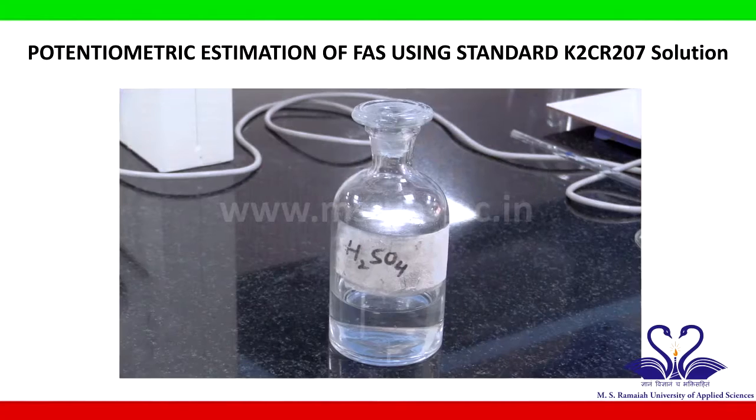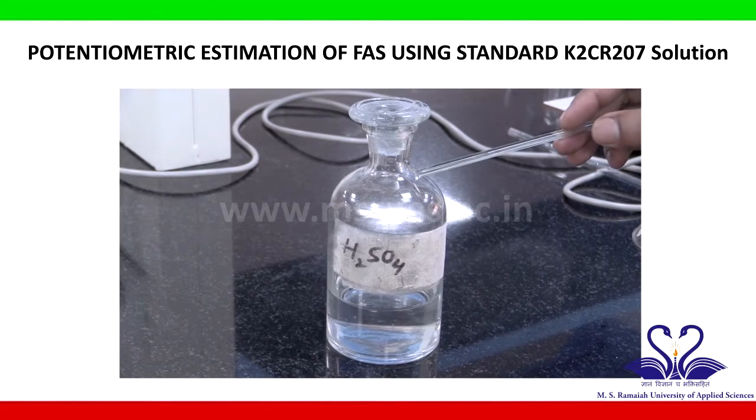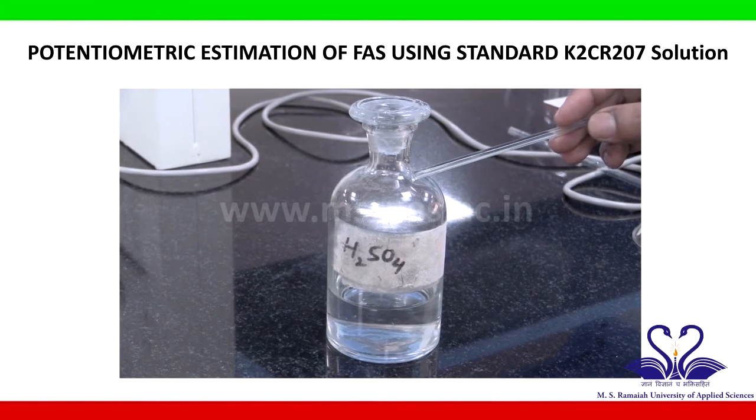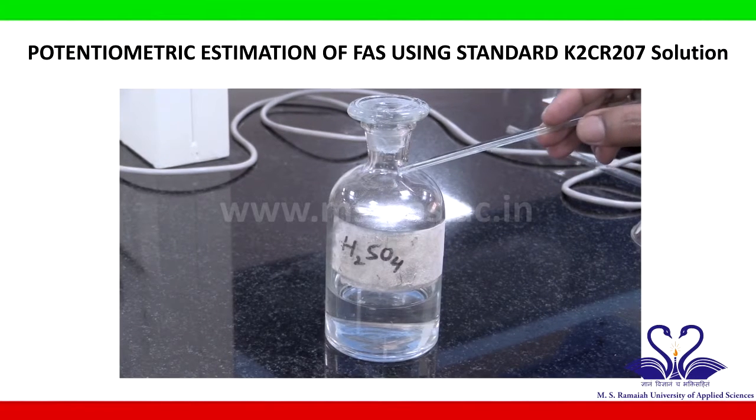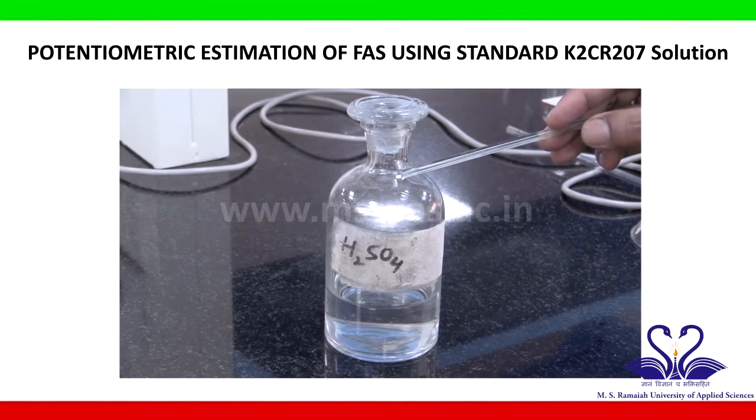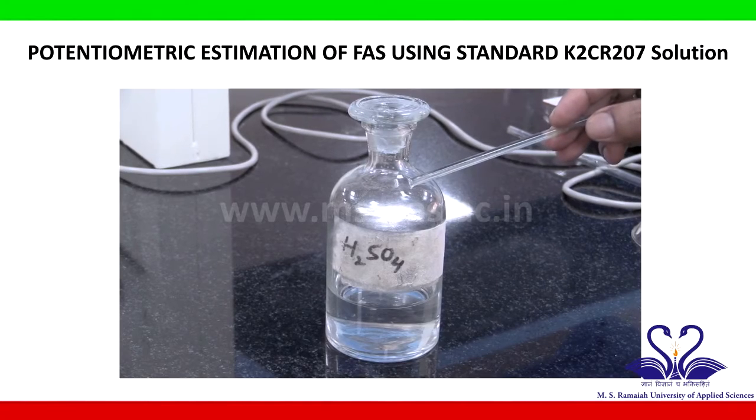Dilute sulfuric acid is required. We are adding half a test tube of this dilute sulfuric acid into the analyte solution which we have taken in the beaker. This aids the redox reaction happening between Fe2+ ions and the dichromate ions.